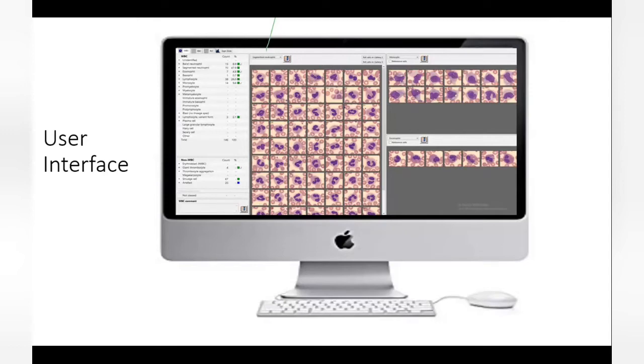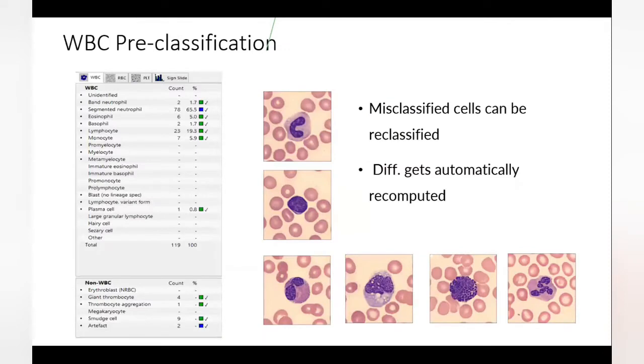If you feel there is a misclassification, you can always reclassify. Finally, you have a data set of images and a report backed by the images that help you quickly validate your smear and report it.